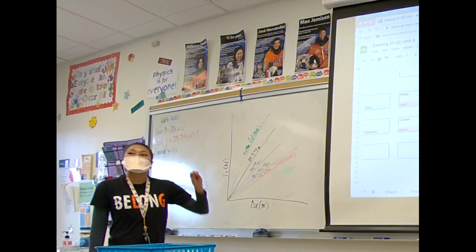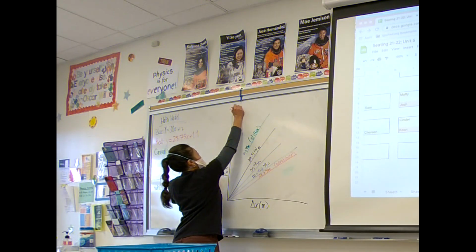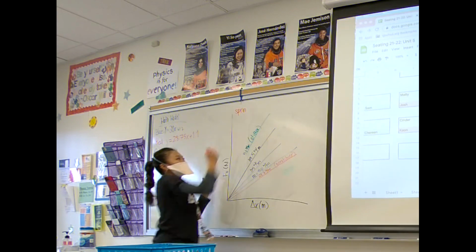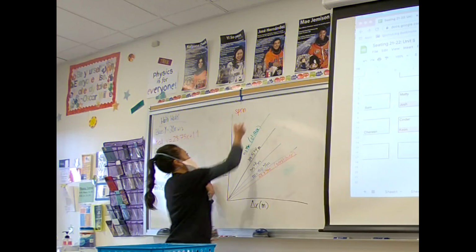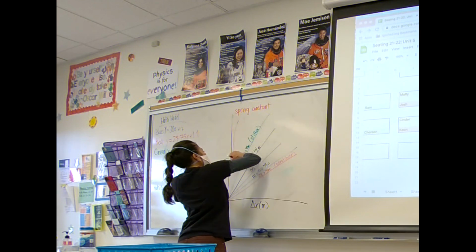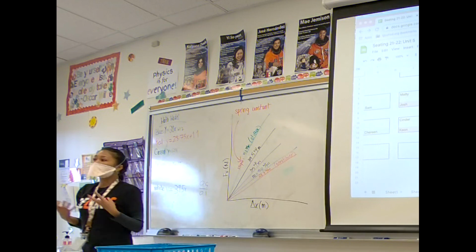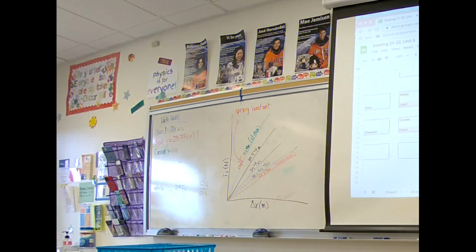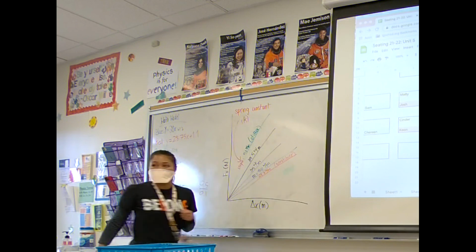Spring constant is a new vocabulary word that represents the stiffness, the tightness, how hard it is to stretch your spring. That is your slope. And the bigger that number, the tougher your spring is going to be to stretch, right? It is represented with the variable K.